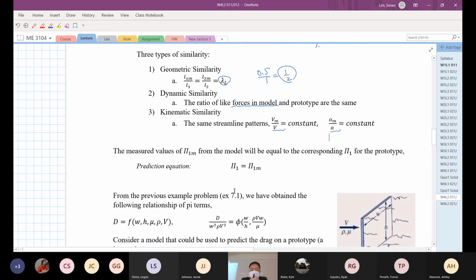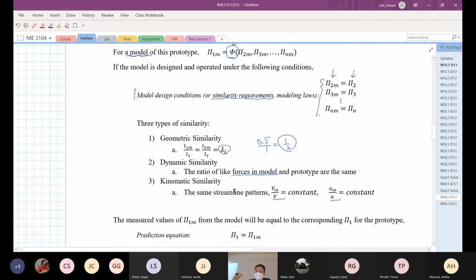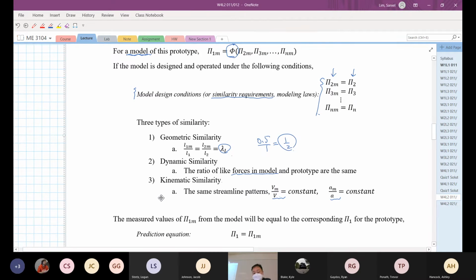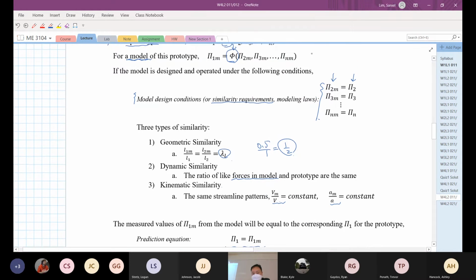So when all the pi terms have the same values as in the model, then we can predict the flow behavior for the prototype. So here, I just write down pi1 equals pi1m, which is the model. That's basically the dependent pi term.